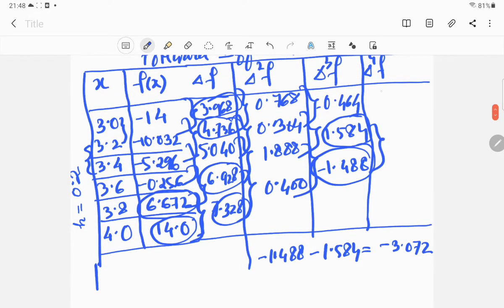Next I need to subtract minus 0.464 from 1.584, so 1.584 minus 0.464 goes up to 2.048.